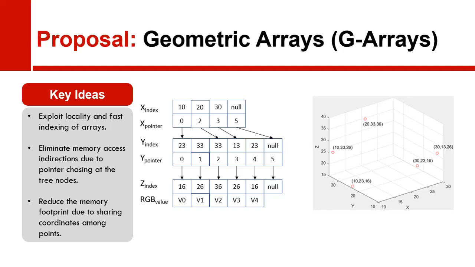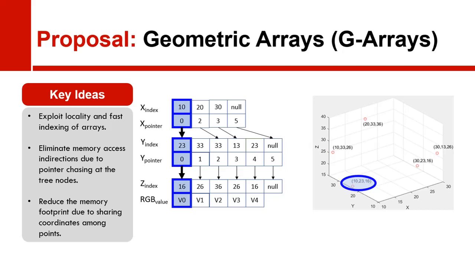An RGB array stores the attribute values of the existing points in the point cloud. The remaining vectors can be classified into index or pointer vectors. The index vectors show the coordinates of the corresponding points in x, y, and z dimensions. The pointer vector stores the cumulative number of existing points with the corresponding coordinate.